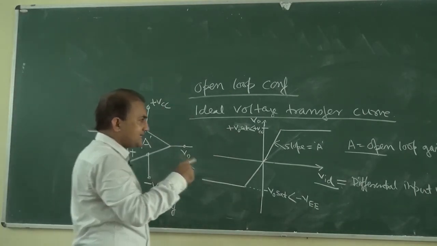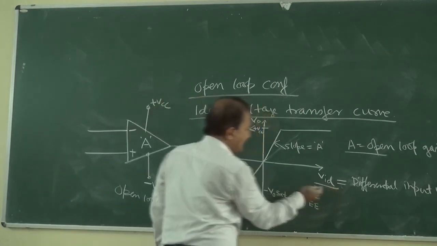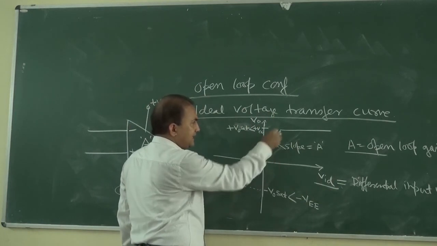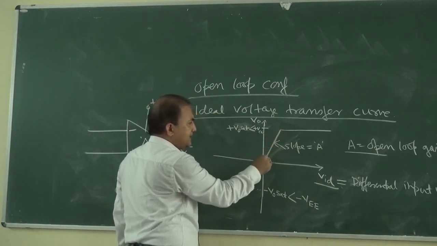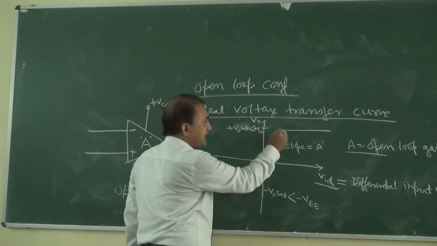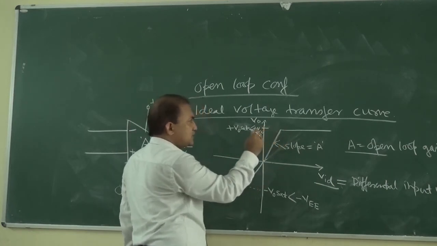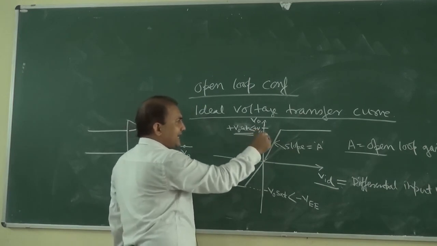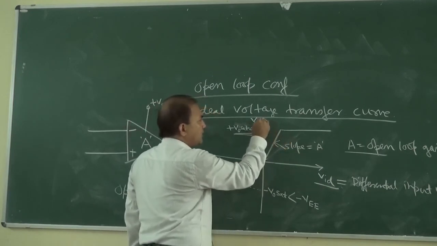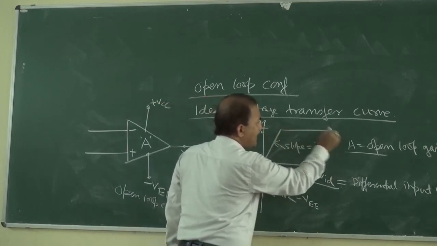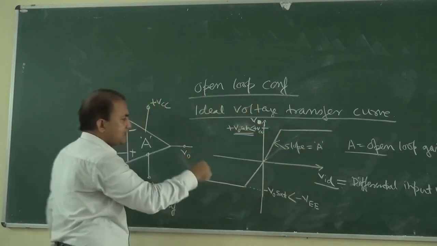We can see that if VID is in a smaller range, V output increases with the increase in VID. But after some time, when it reaches V output saturation, V output is now flat, it is constant.